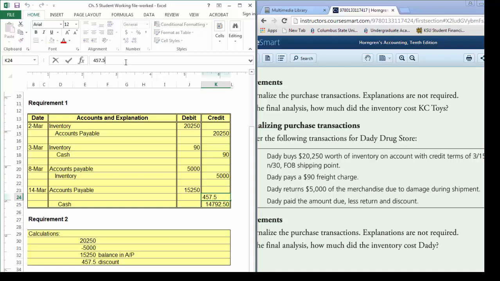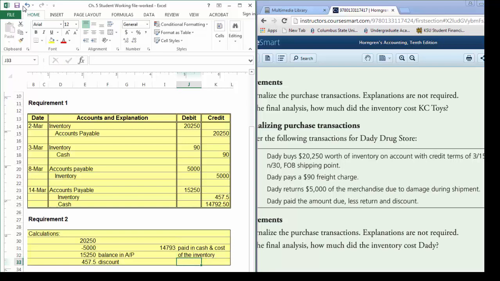So $457.50 is what my discount's going to be. And my discount goes to merchandise inventory, okay? Because I want what I'm actually paying to be the balance in my inventory account. All right, so the inventory actually cost us $14,792.50. Okay, because that's the difference between our balance and our discount. That's what we paid in cash, and is the cost of the inventory.